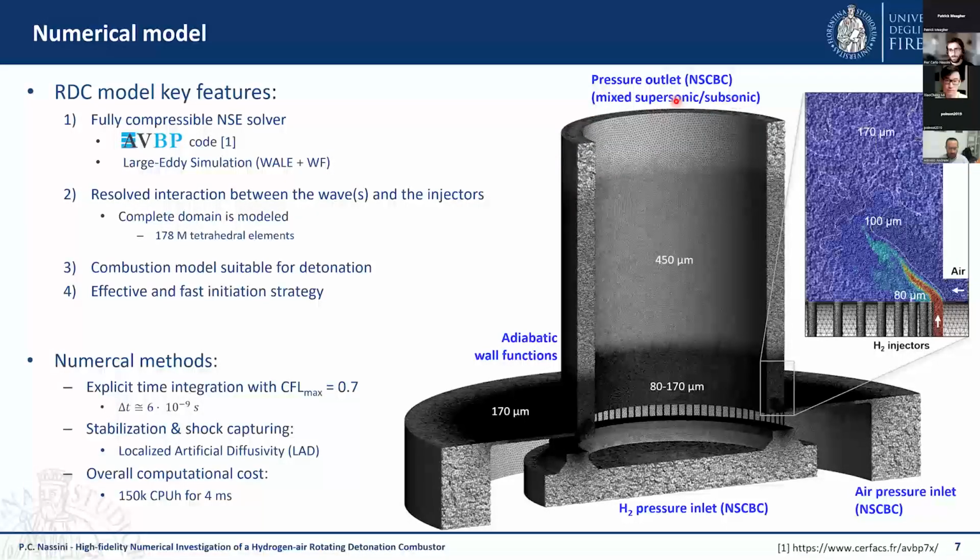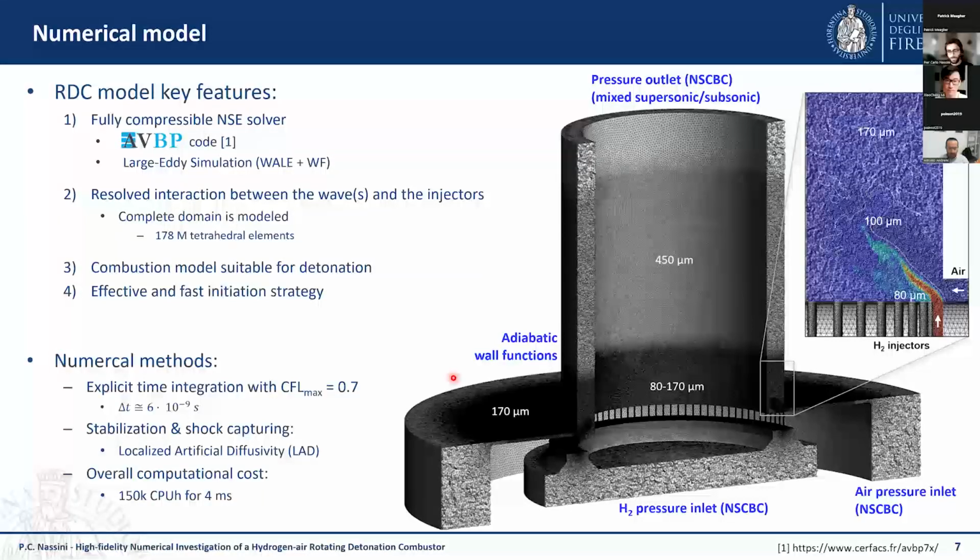This is the actual domain, so we don't use an outlet plenum, but we directly impose the static atmospheric pressure at the outlet, because the Navier-Stokes characteristic boundary condition implemented in the code is able to switch between locally supersonic and subsonic conditions depending on the local Mach number, and so we can get a proper boundary condition without spurious effects on the flow field, even without a discharge plenum.